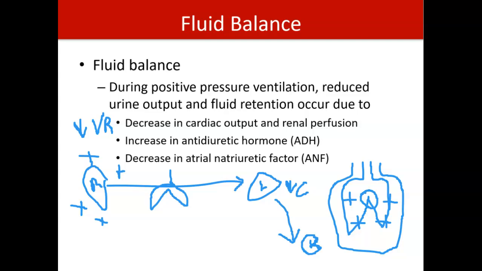So my cardiac output is decreased, and thus my renal perfusion is decreased. So urine output is decreased because of that hypoperfusion of the kidneys. That's the first mechanism that happens with this.